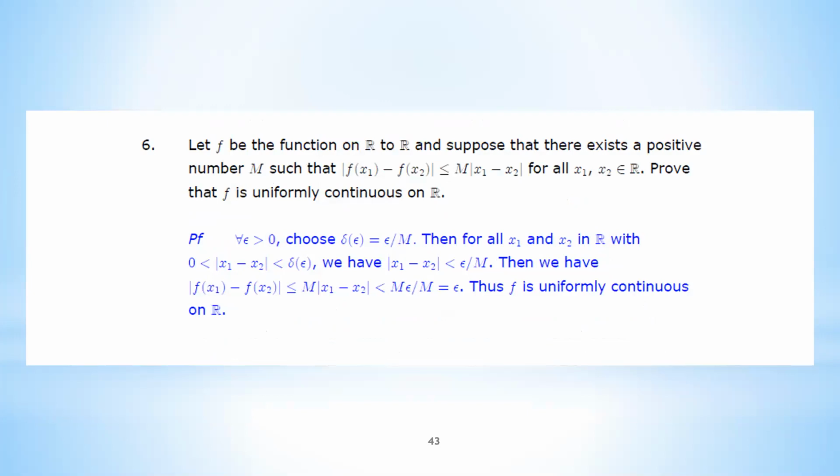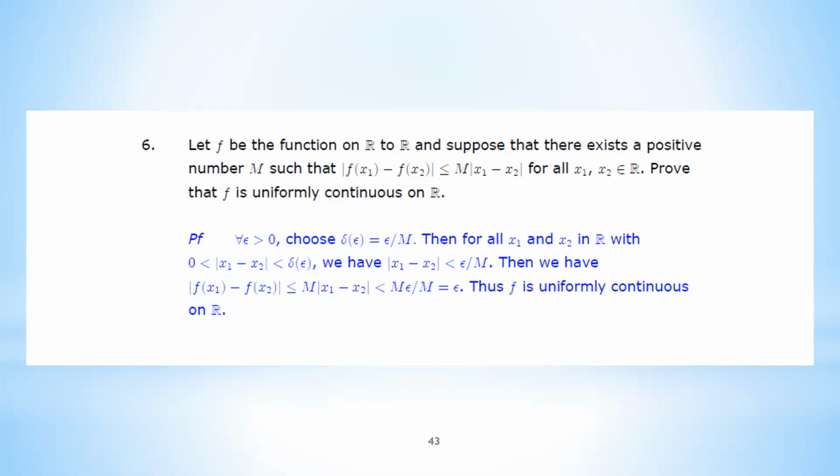If f satisfies the inequality |f(x1) - f(x2)| is less than or equal to M times |x1 - x2|, where M is a constant, then this implies that the function is uniformly continuous on R.